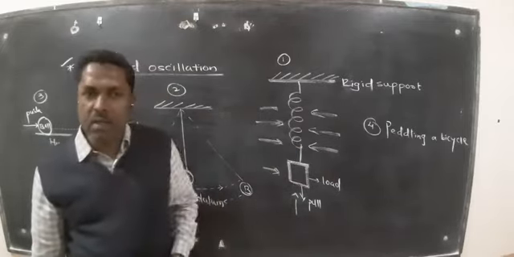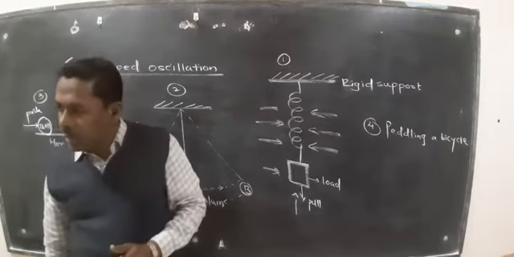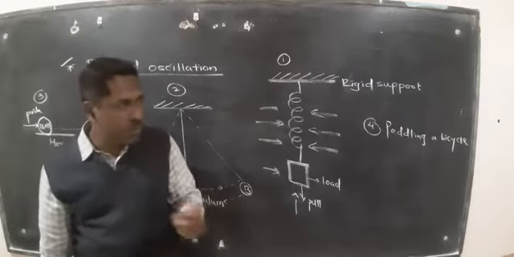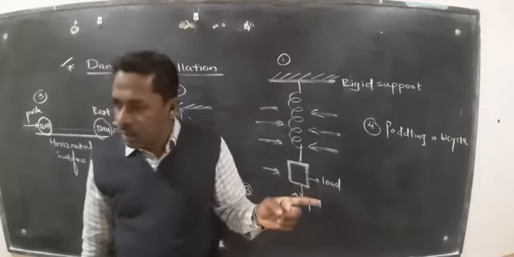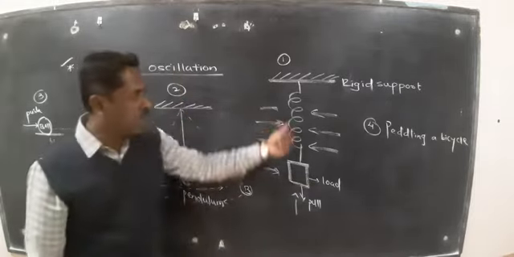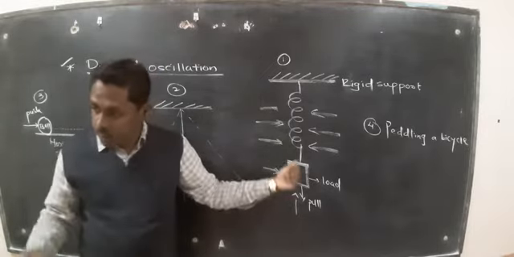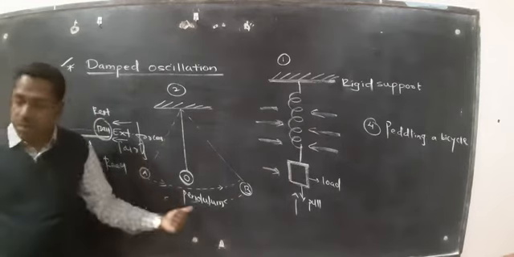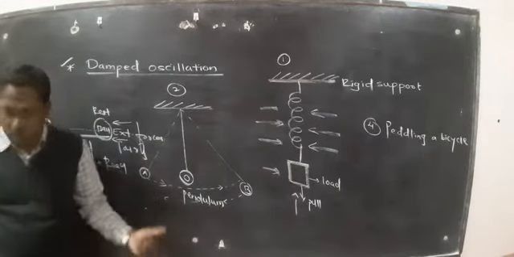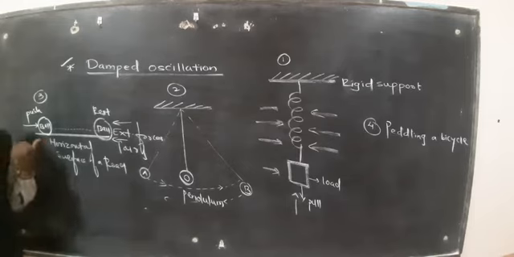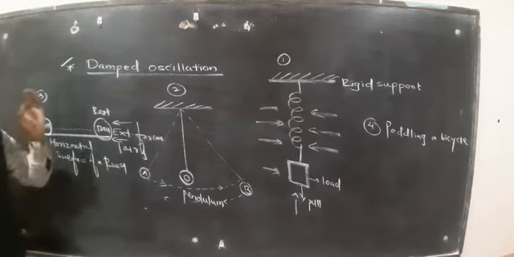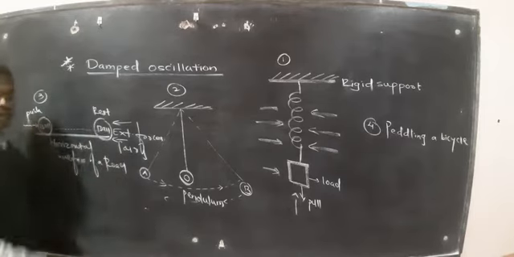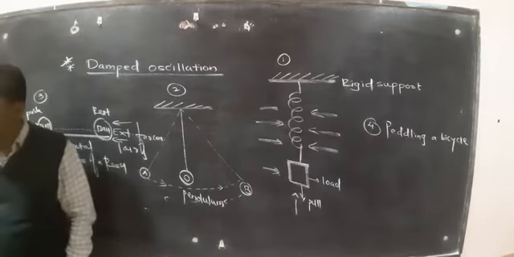It means that again somewhere there are some invisible forces, and they are opposing the motion of the bicycle. Such invisible forces oppose the motion of a load or an oscillator, of a pendulum, of a ball. All are treated as damped oscillation.